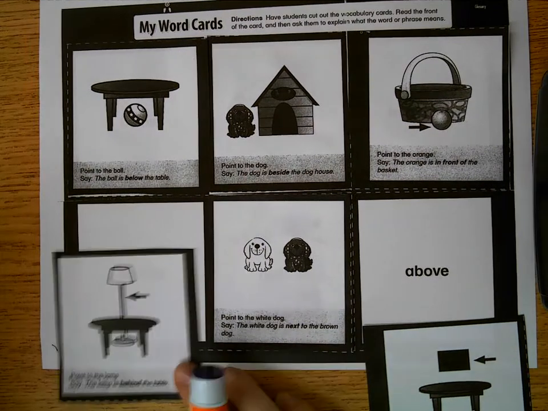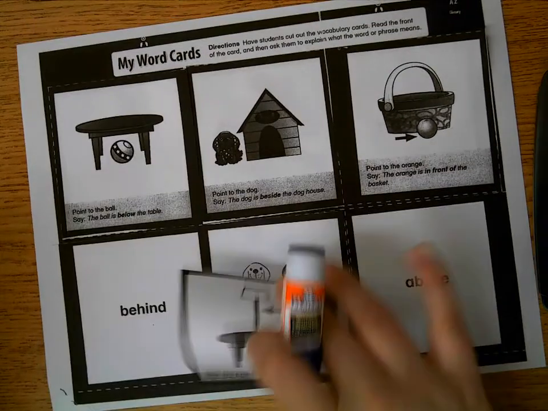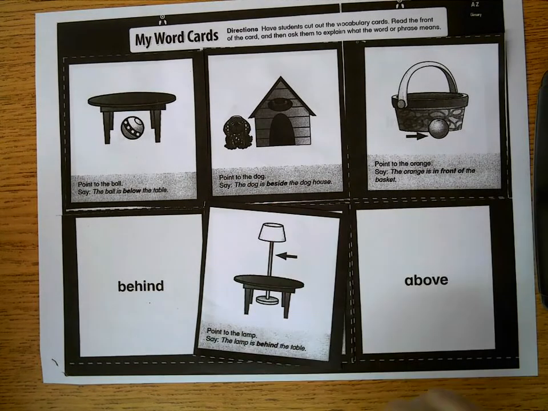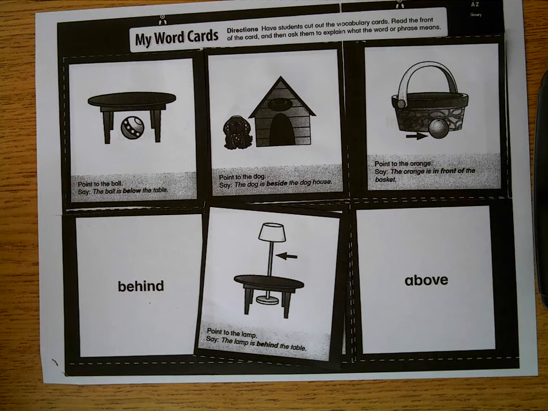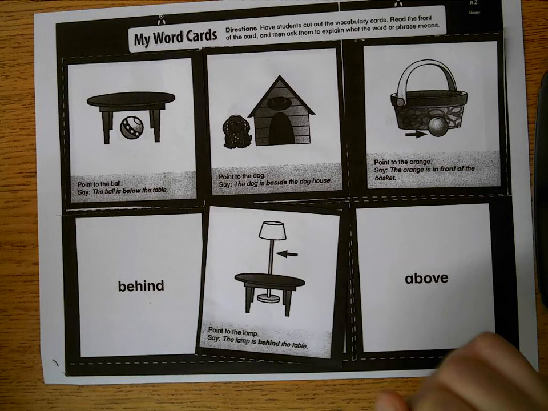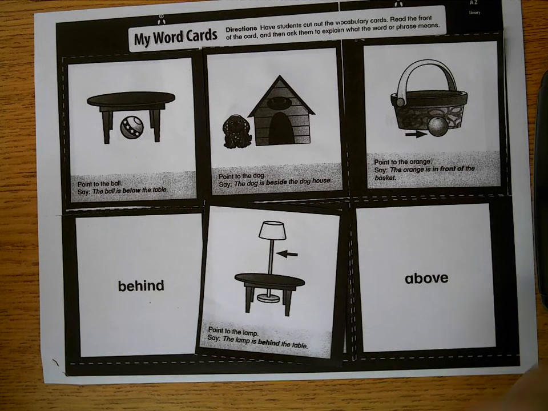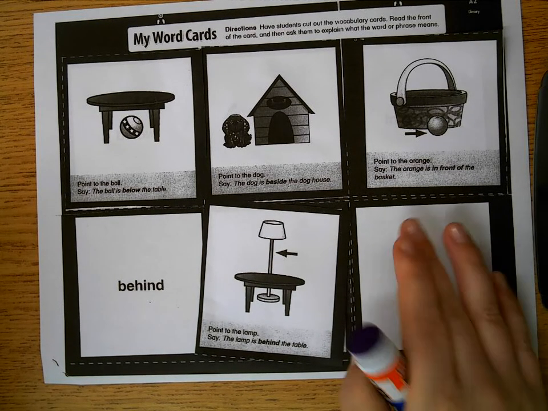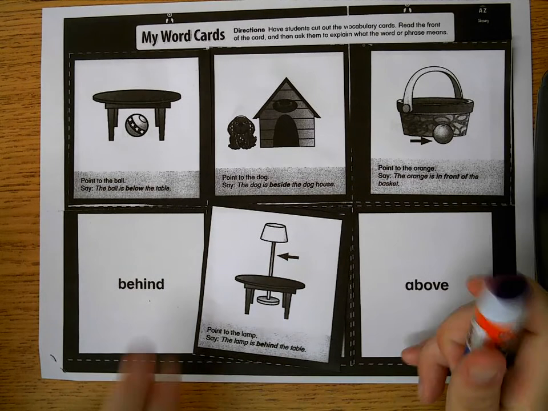It's a little hard to tell in this picture, so let's look at this one. When we're looking at flat pictures, sometimes it's hard to see if something is in front of or behind just because of the way the picture is. But in this picture right here, we're talking about the lamp. Is it behind the table or above the table? It's a little tricky, I have to say, because the lamp is taller than the table.